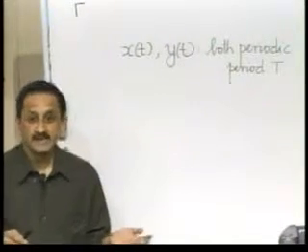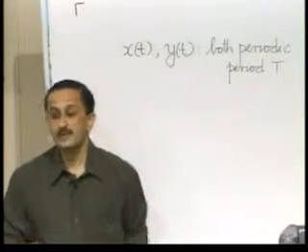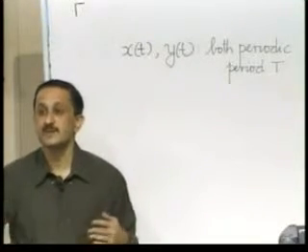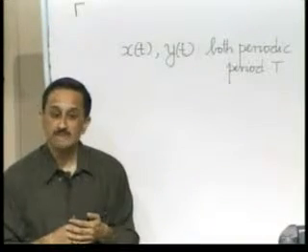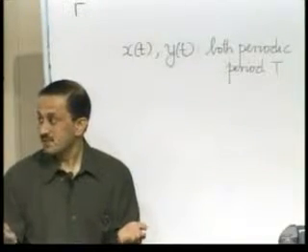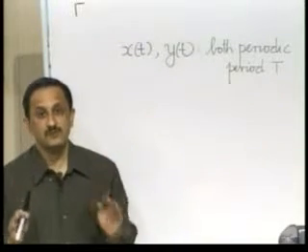For example, x(t) may inherently be periodic with a period of 2 units of time, whereas y(t) could be periodic with period 3 units of time. Even so, both of them are periodic with period 6 units of time. So, it is possible to find a common period. That is the issue here.